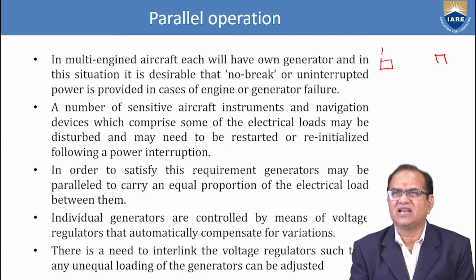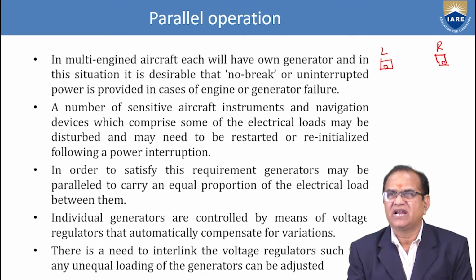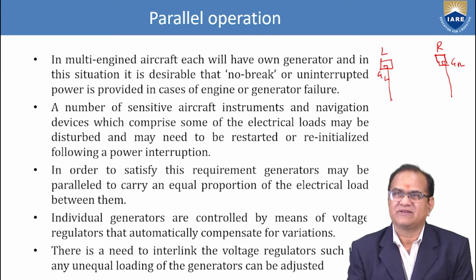You can say this is the left engine and this is the right engine. Here on both sides one generator is fitted, and these generators, I am writing here GL and GR, are generating some power. This power should work in parallel.